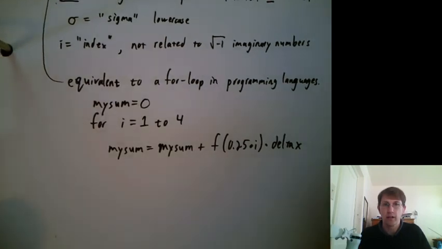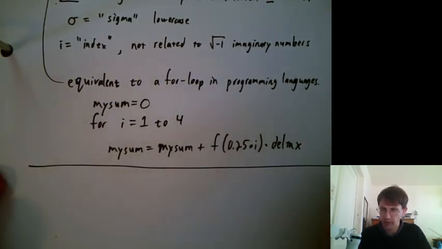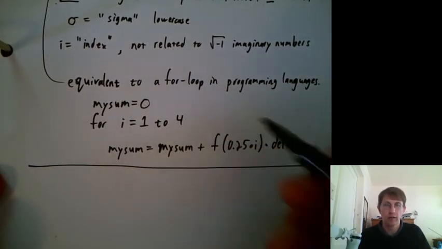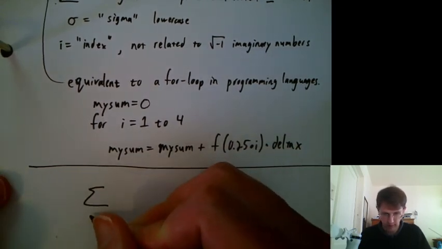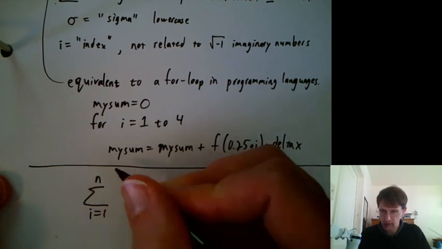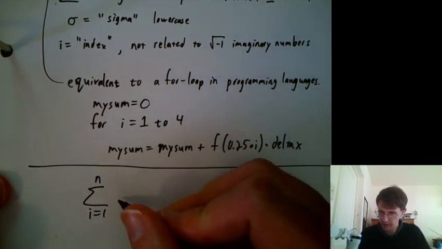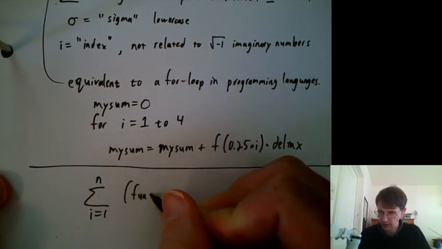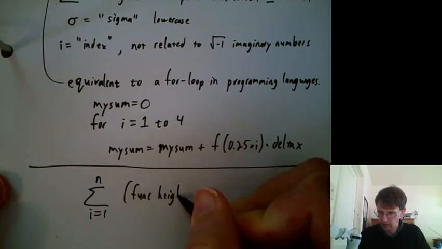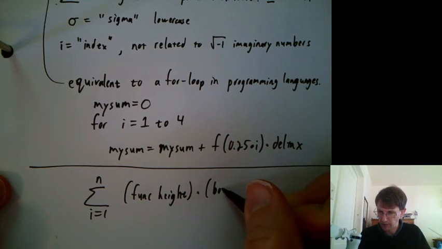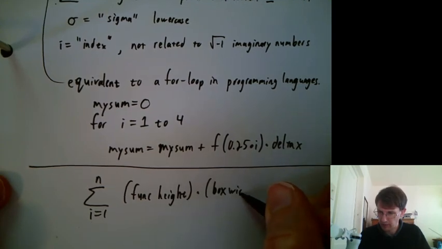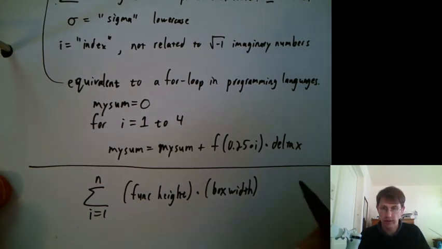And let's take another look at it. We'll talk more about summations separately. Writing this, i equals 1 to n, however many boxes, of some function height times some box width, or interval width, you could say.